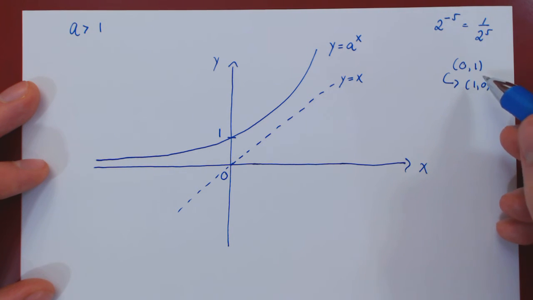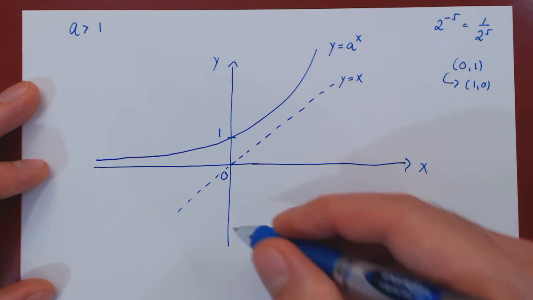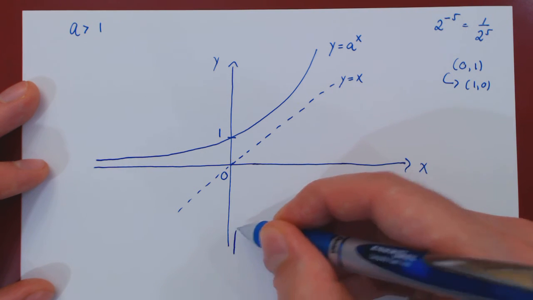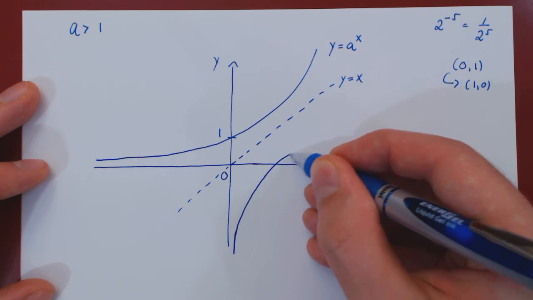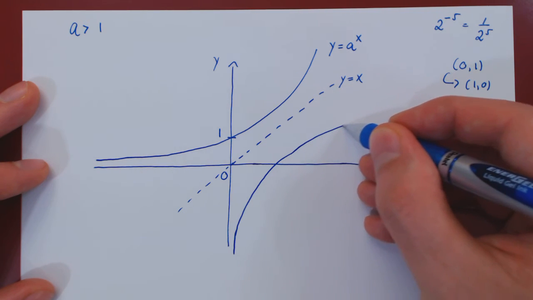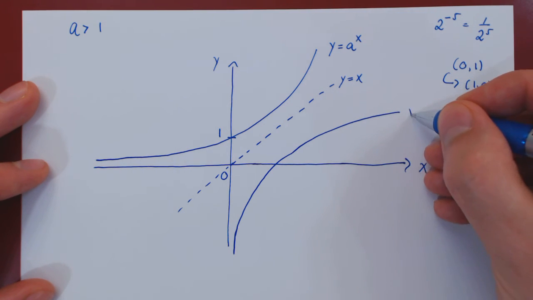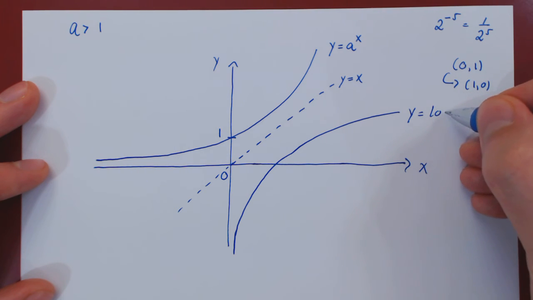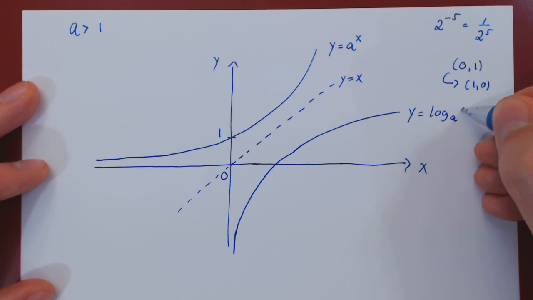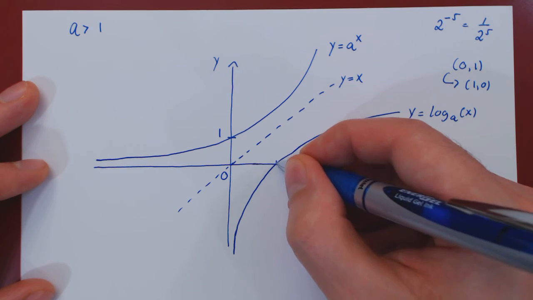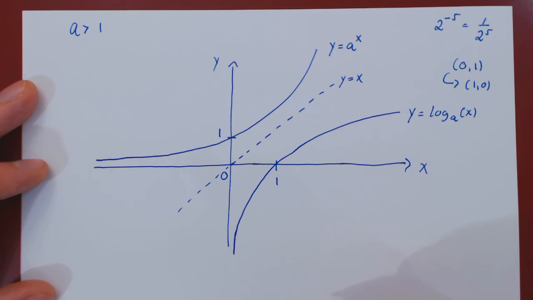So the logarithmic function base a will cross the x-axis at x equals 1. So it will look, if we try to create a good mirror image, something like this. And this point again is always going to be 1.